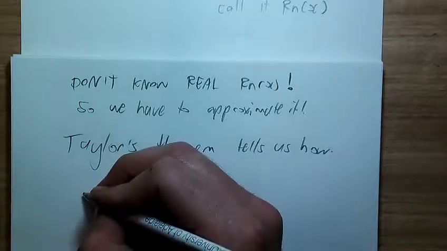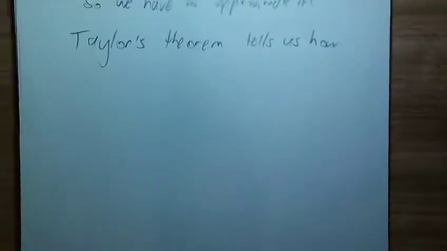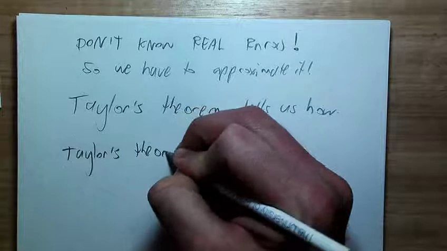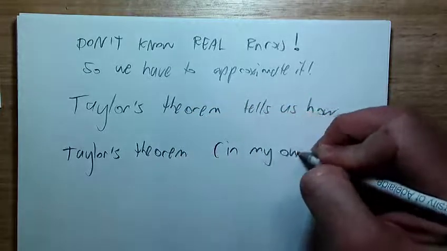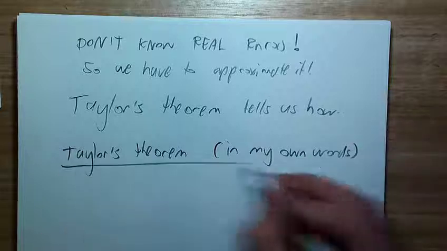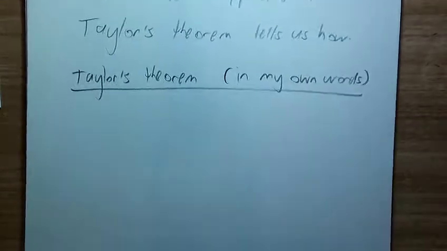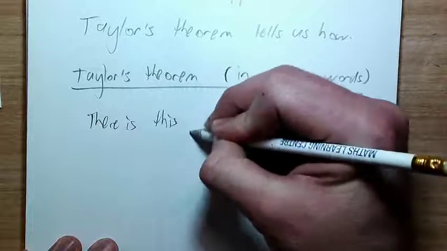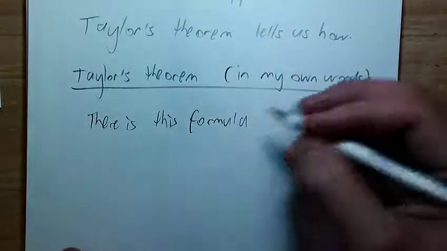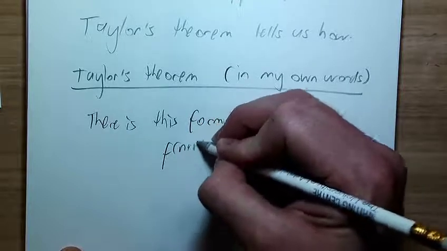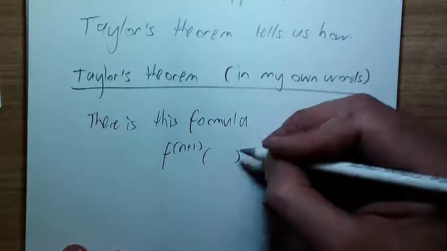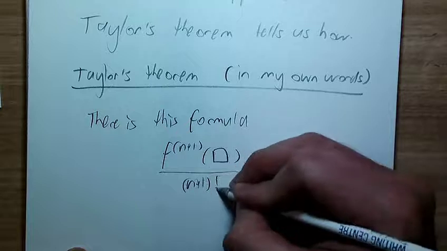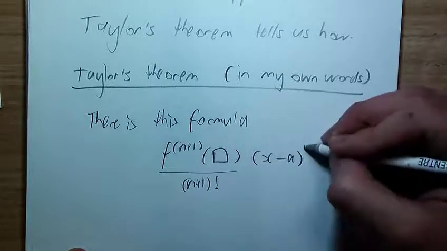So Taylor's theorem, in my own words, says that there is this formula which goes the (n+1)th derivative, and we put something in this space, divided by (n+1) factorial times (x minus the centre of my Taylor series) to the n+1.